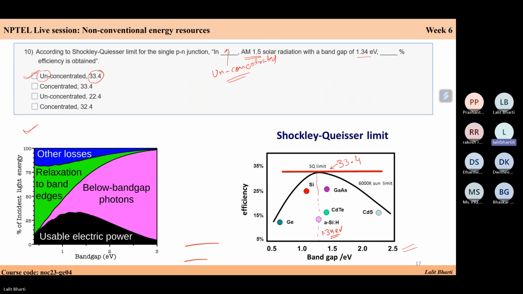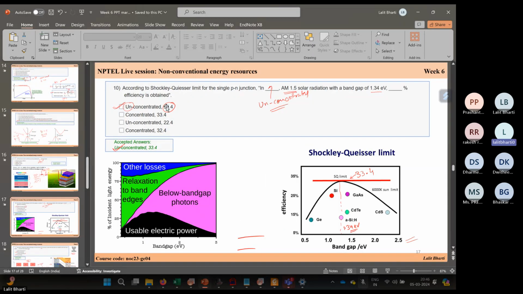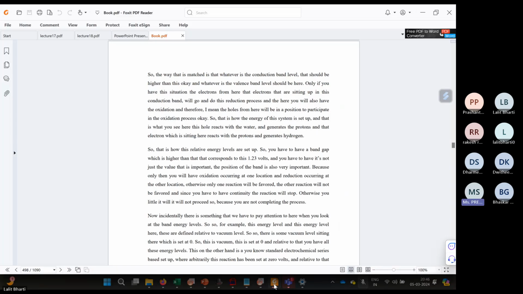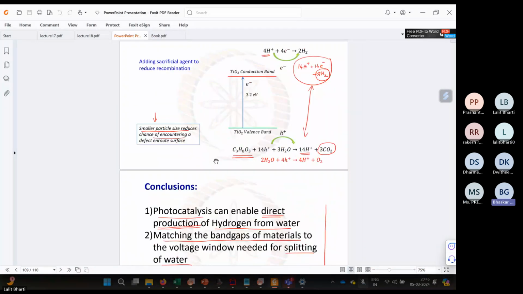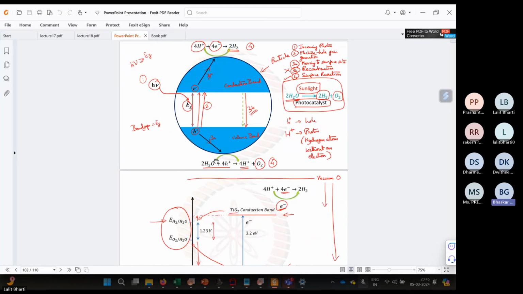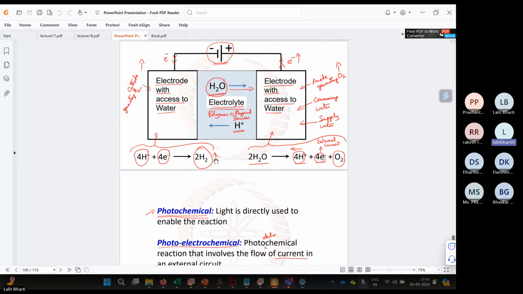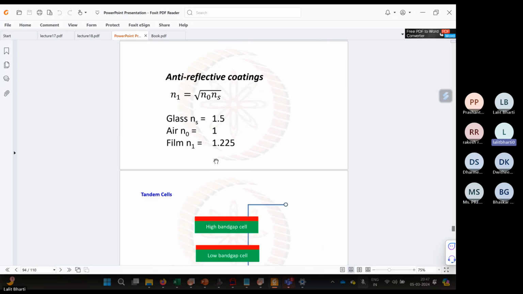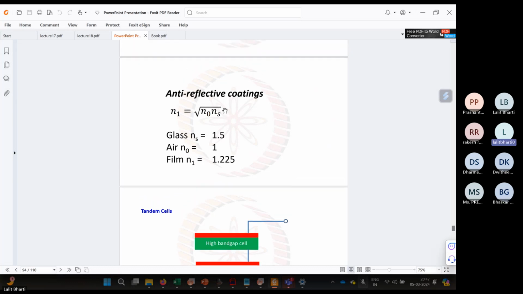Okay, I guess the options given are 1.425, 1.335, and 1.225. We need to calculate that, so you can use this relation for the anti-reflective coating.